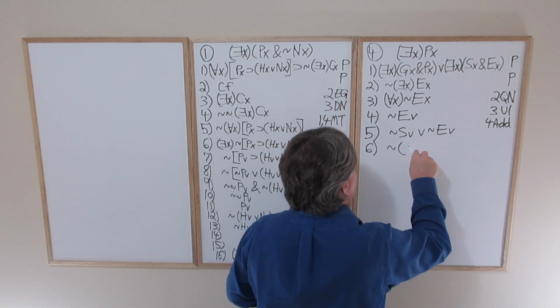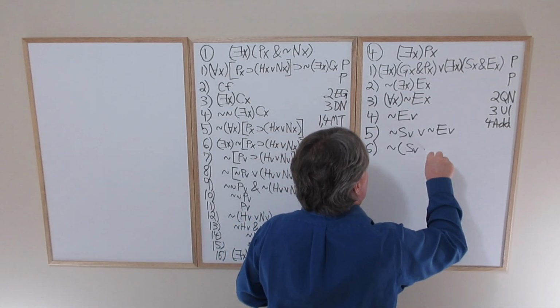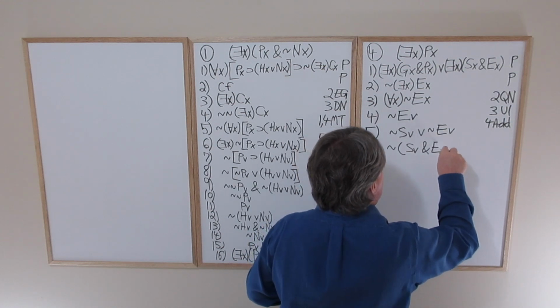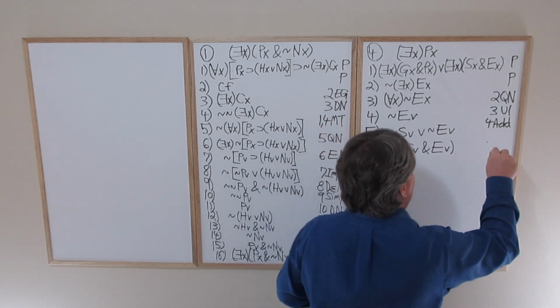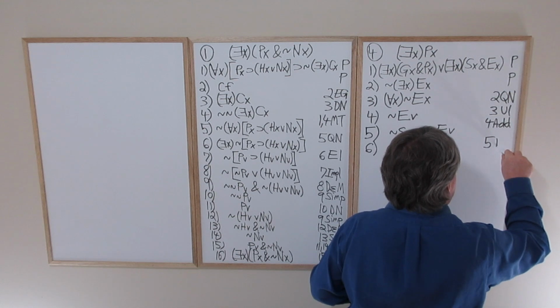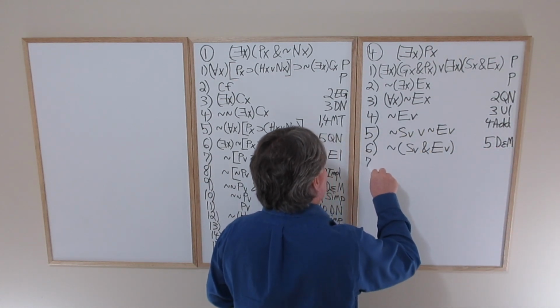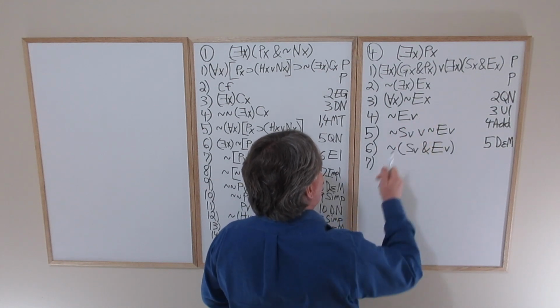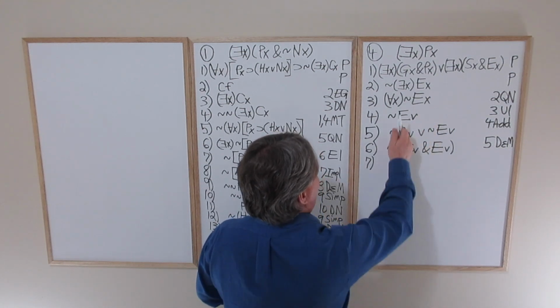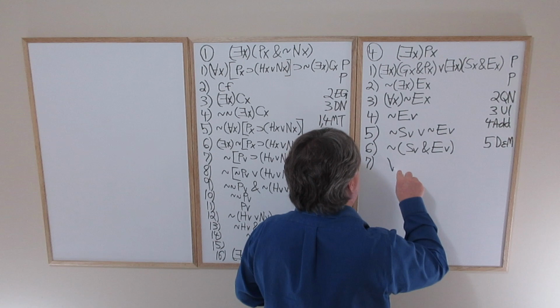Then, as planned, five, De Morgan's, and since the V came from the UI, no problem.